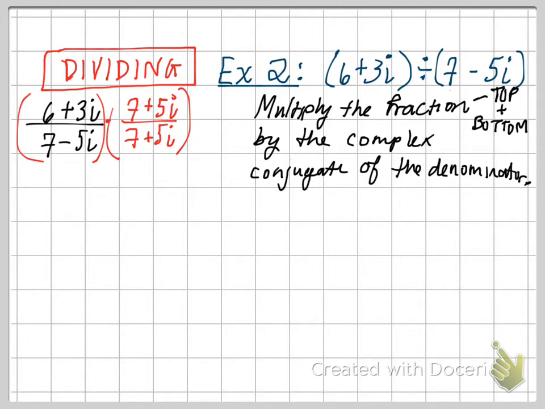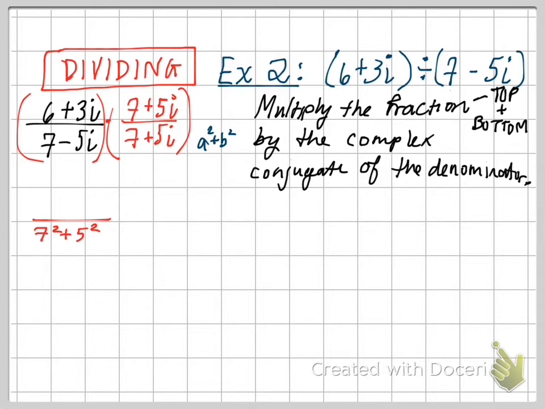So when I think about this multiplication in the denominator, if you remember from the previous slide, when you multiply a number by its conjugate, you're going to get a squared plus b squared. So in our case, our a squared is 7 squared, and our b squared is 5 squared. So 7 squared plus 5 squared.